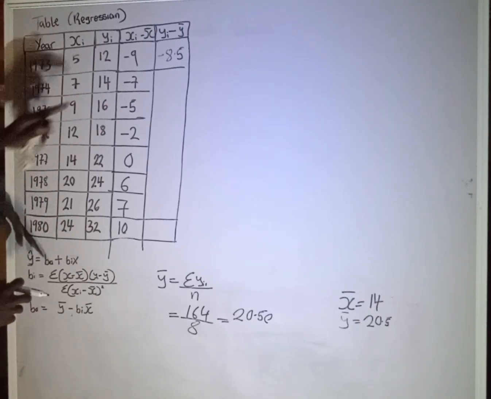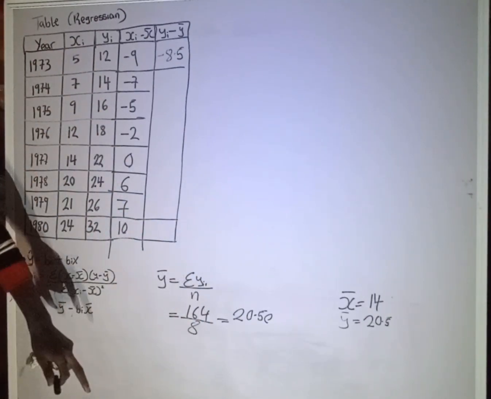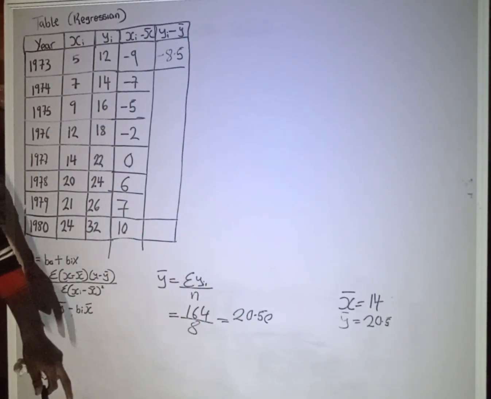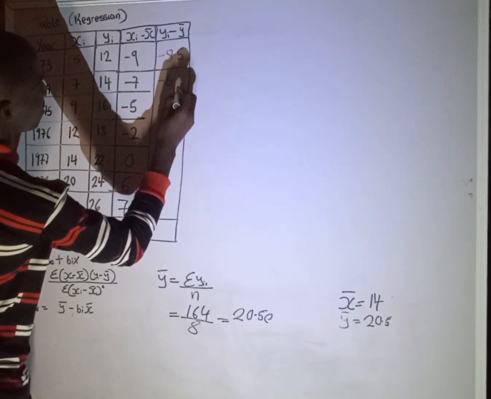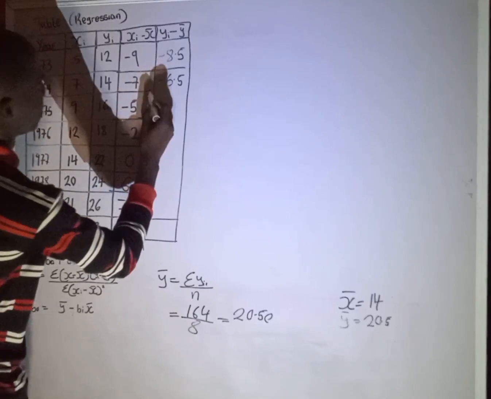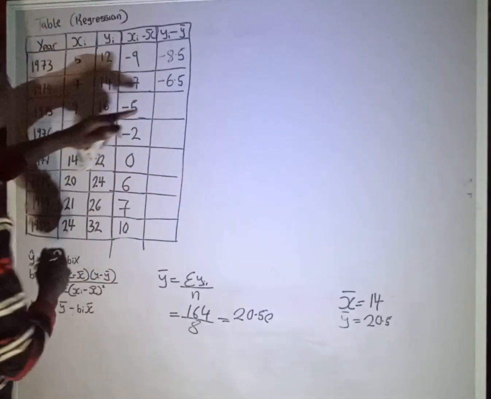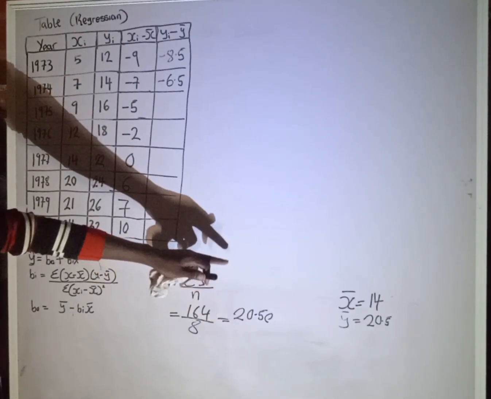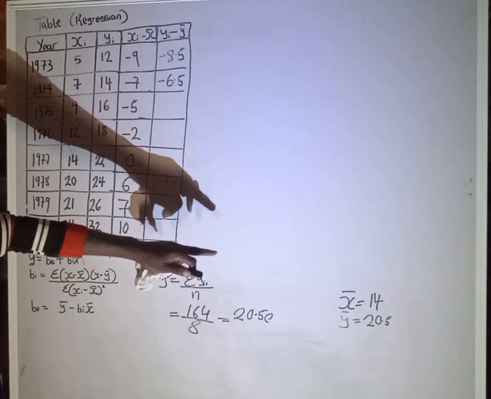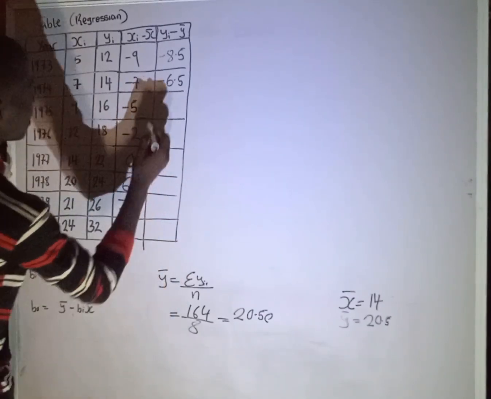Then the next one is 14 minus 20.50. So I have here minus 6.5. Then for the next column, I have 16 minus 20.5, which is minus 4.5.